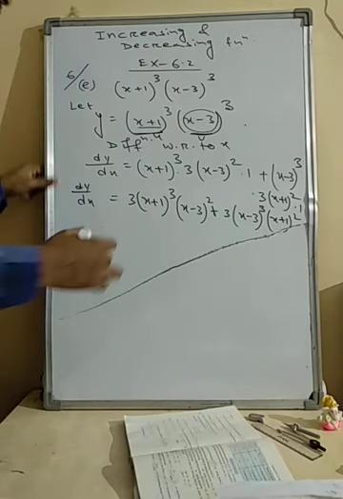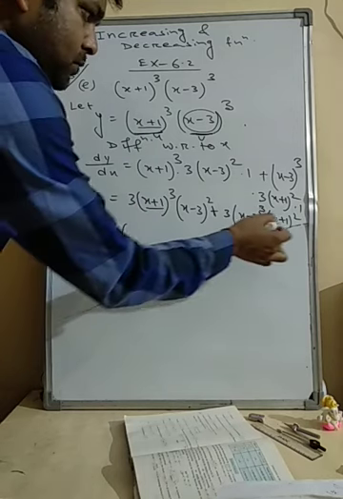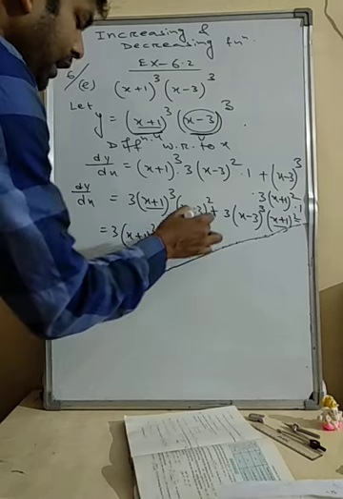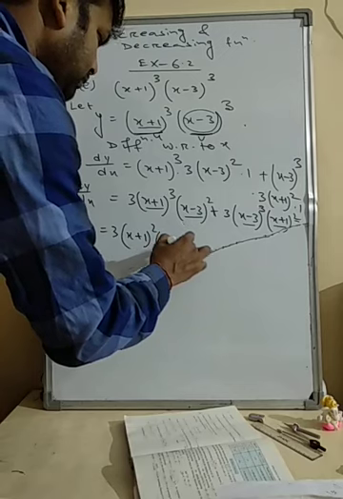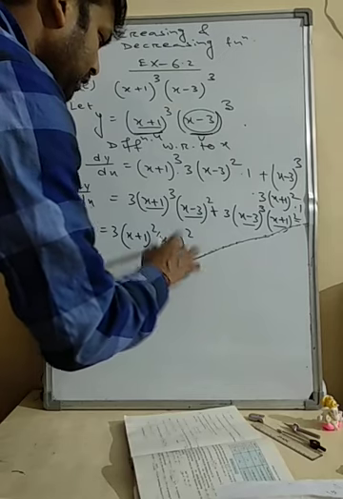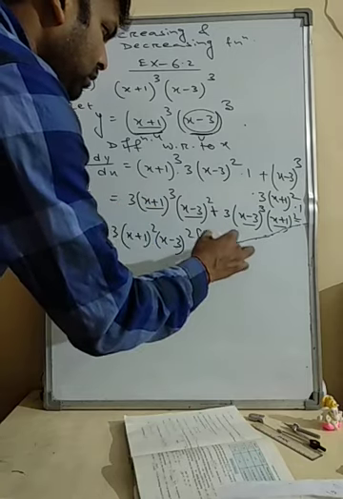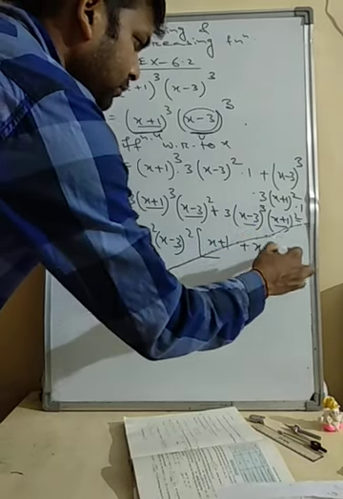Now what is common? See, here it will be 3, (x plus 1) whole square is common, and (x minus 3) whole square is common. So this is 3. Now here it will be x plus 1 one time plus here x minus 3 one time.